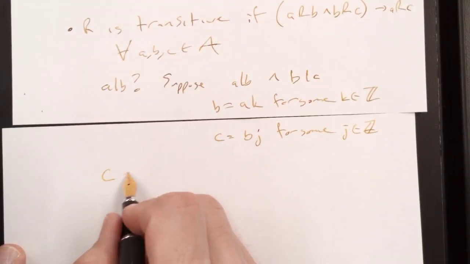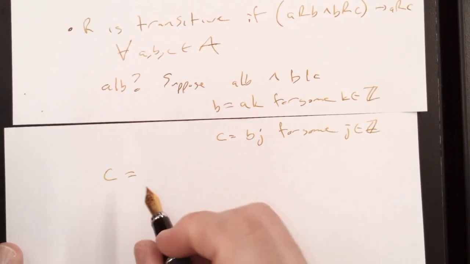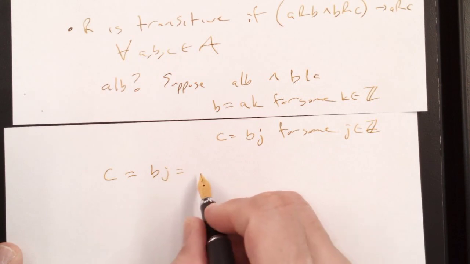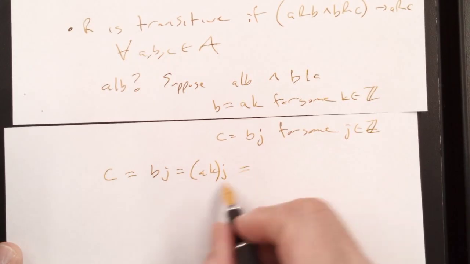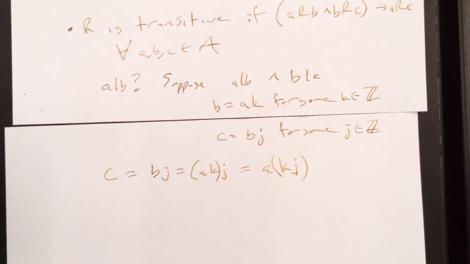So can I write C in terms of A? Oh, wait a second. Let's just make the substitution here, and then regroup. K and J are both integers. What do you get when you multiply K times J?